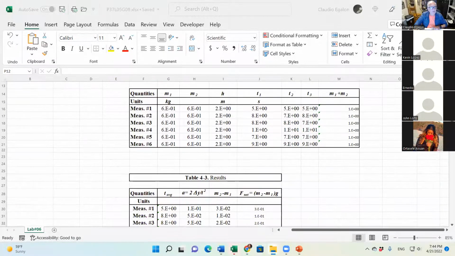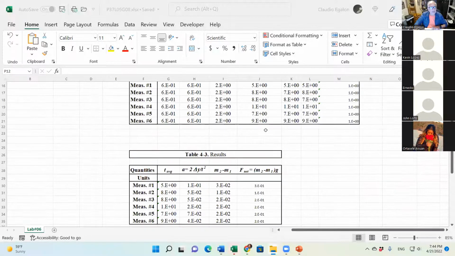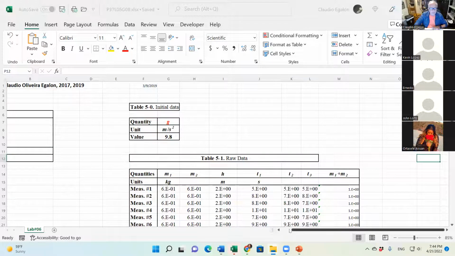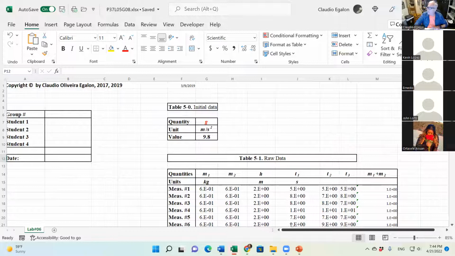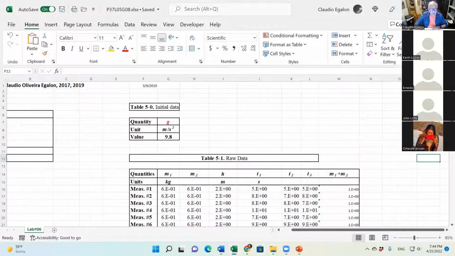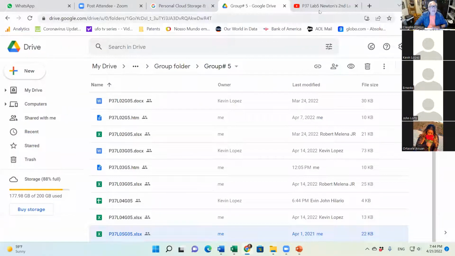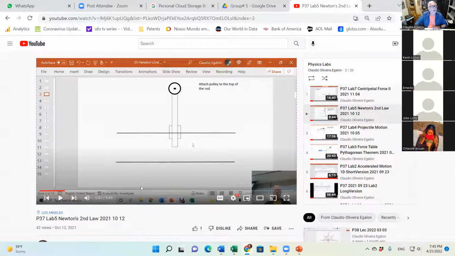Okay, here's the spreadsheet with your data. I want you to understand how this experiment is run. So we set up this thing in such a way that we're going to have a pulley, a rod, first a clamp.